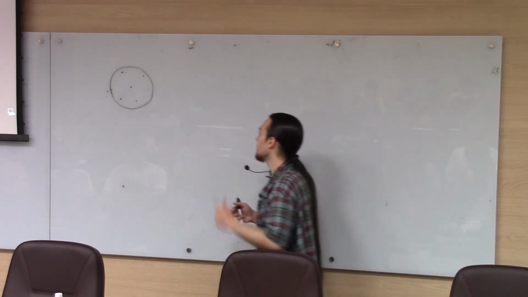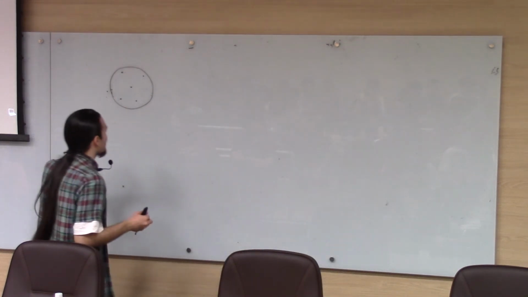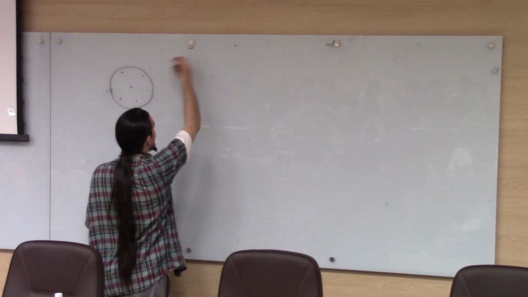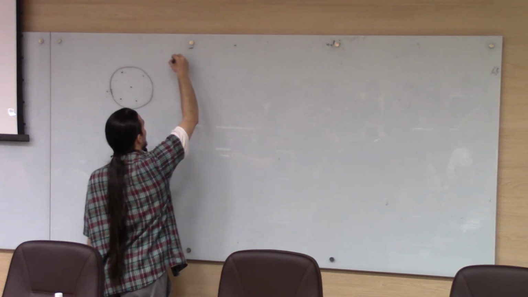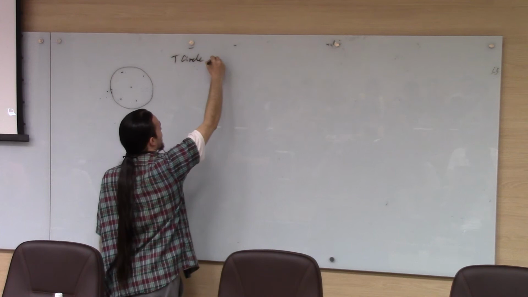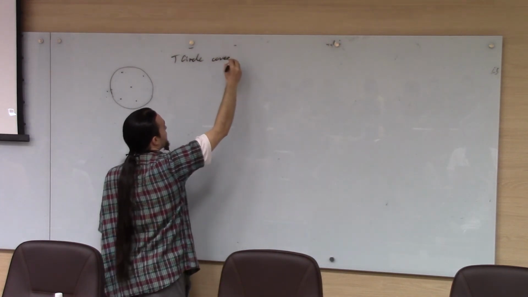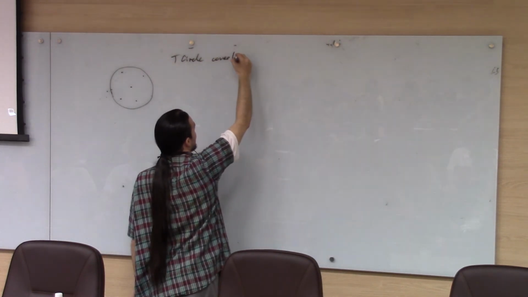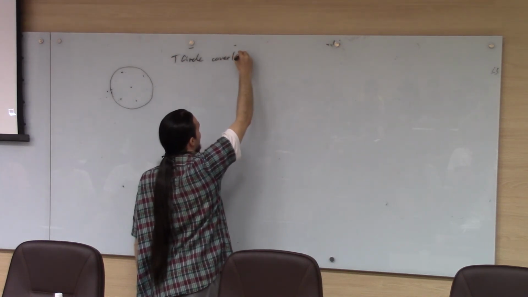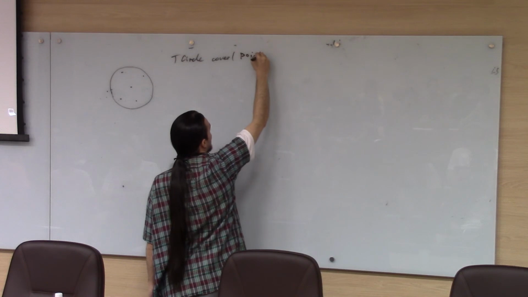So let's see. Okay, so we have a set of points, and let's write some function that returns a circle. Well, cover. Okay, cover, and it takes a set of points. So I'll just write points p. Okay.